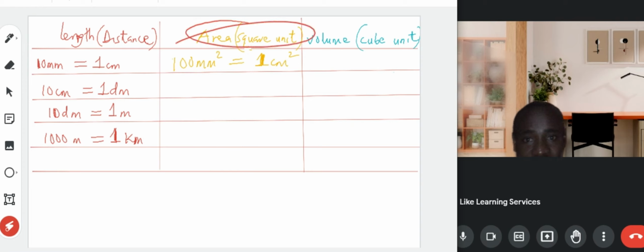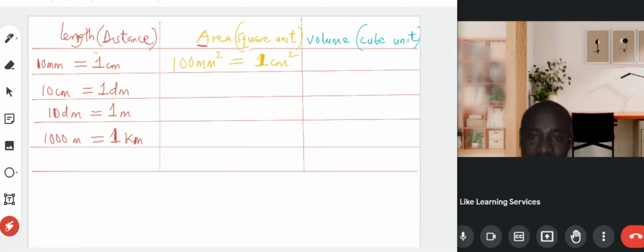Because area is square unit. So you square this and you square this one to get the conversion in area. For instance, 10 squared millimeter equal to 1 squared centimeter. 10 squared is 100 and 1 squared is 1.